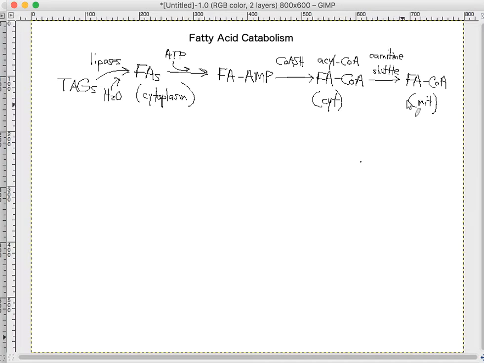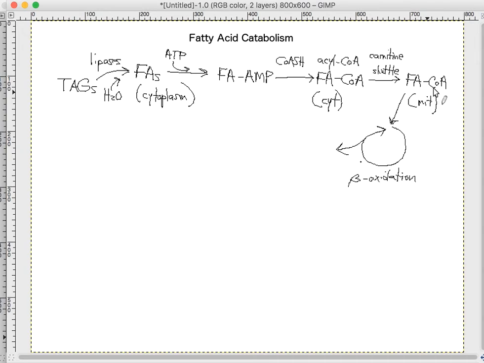Okay. Now, once that fatty acid is in the mitochondria, we can undergo a process called beta oxidation. And beta oxidation has products that we recognize.